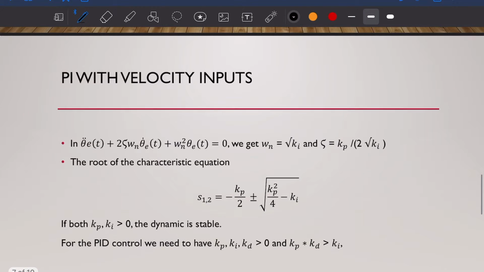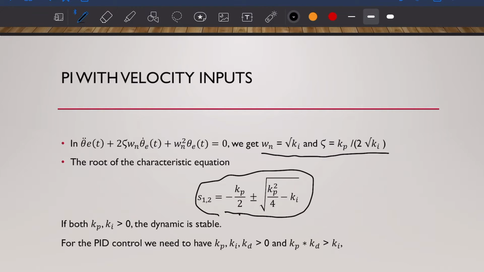Next, I'm going to talk about the PI with the velocity input. In this system, we get the omega and these two terms, and then the roots of the characteristic equation come out like this.